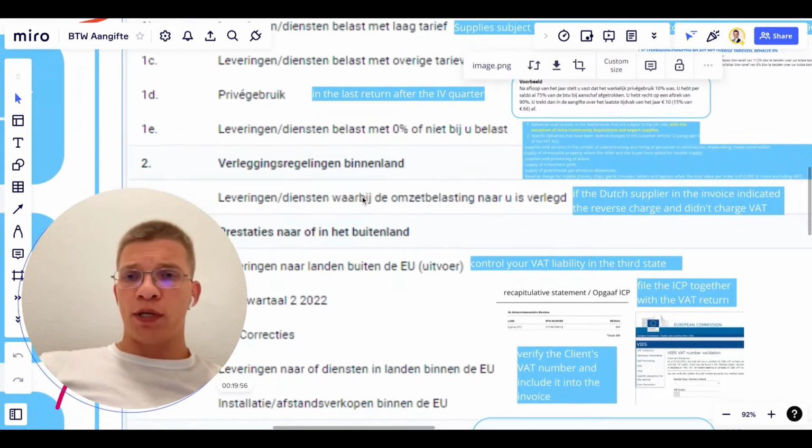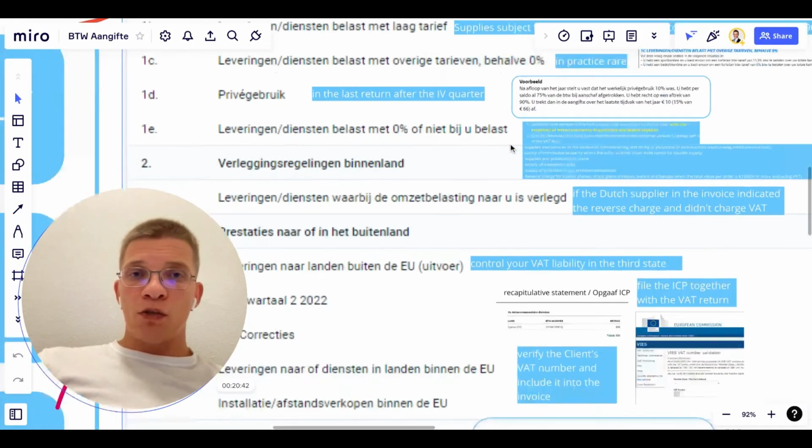And now we move to the last item in the first section, in the section which relates to domestic taxable supplies. It is also very rarely used when we talk about taxable services. It relates only to zero-rated supplies or the supplies where a reverse charge is used, meaning that you don't charge VAT, but you transfer the obligation to charge the VAT to your client.